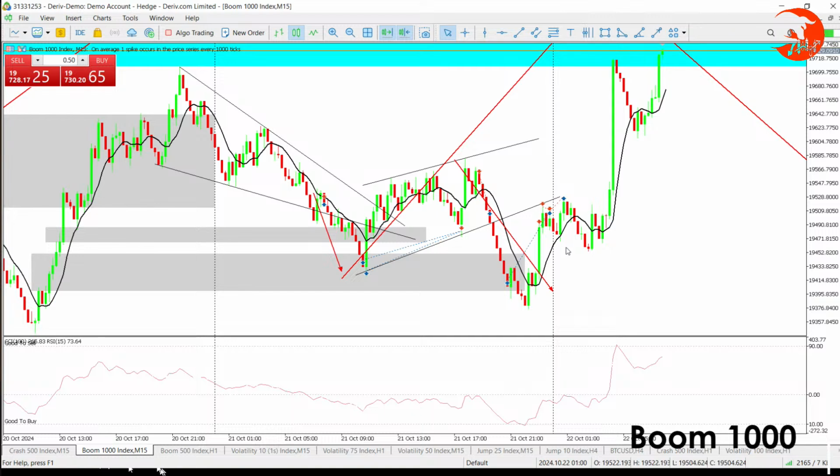I had already seen that this TP had been hit, so no need of the sales anymore. Although you can see we had that short sale, and then later on the buys started immediately.